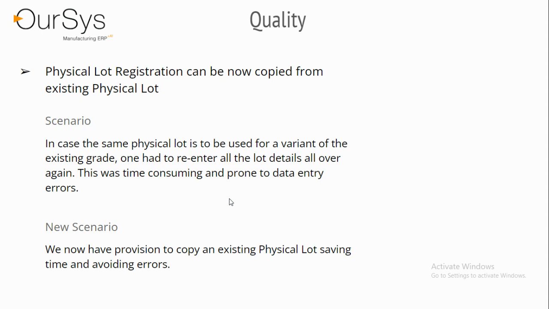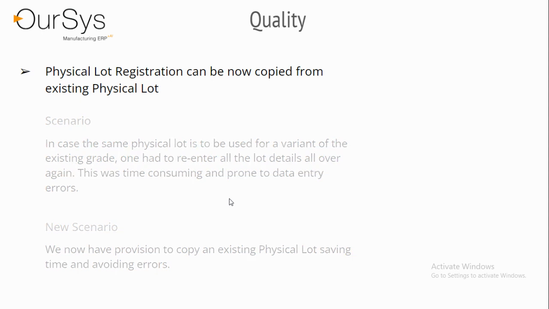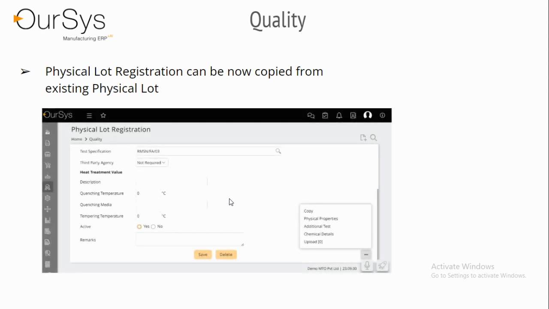So now we have given a copy option from the existing lot at the TC level to avoid these errors and save the user's time. This copy feature is available at your physical lot registration screen.